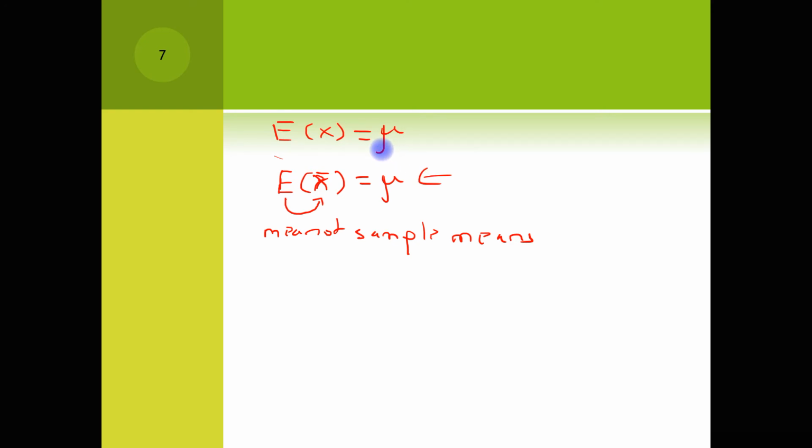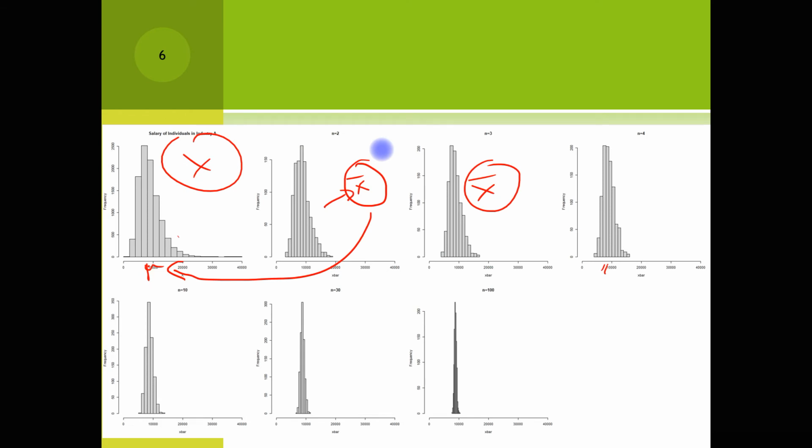Let's take the second notation. Unfortunately, I erased it, but the second notation is about the spread of a distribution, not the shape.